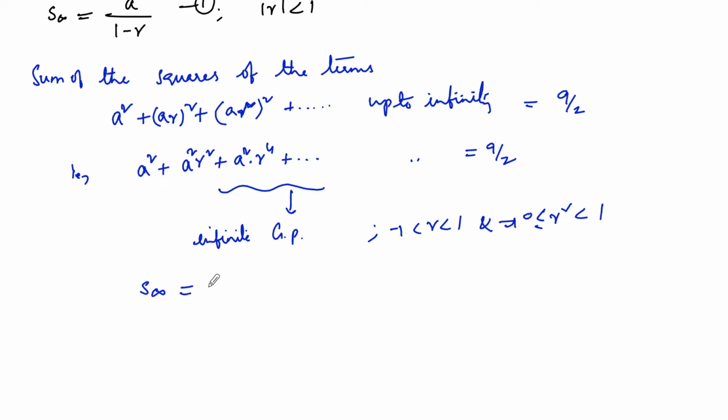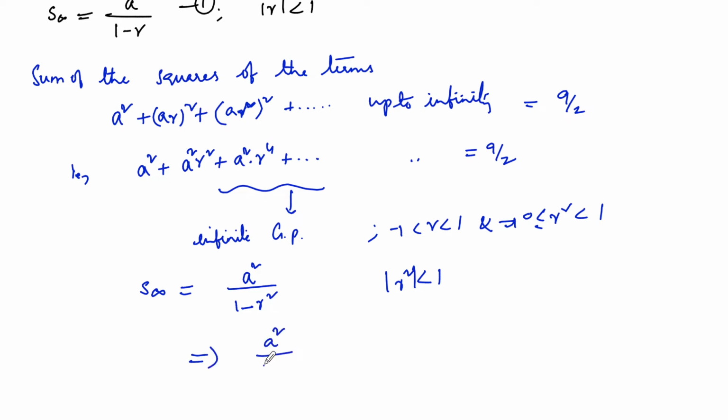So the sum to infinity of the squares is A square upon 1 minus R square, where the first term is A square and the common ratio is R square. We can apply the formula since mod of R square is less than 1, and this is equal to 9/2, given.